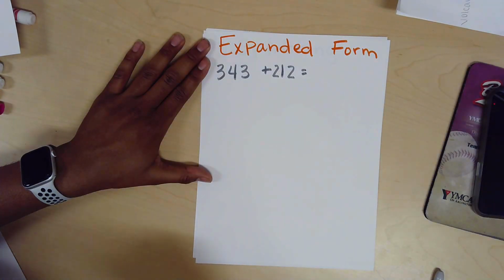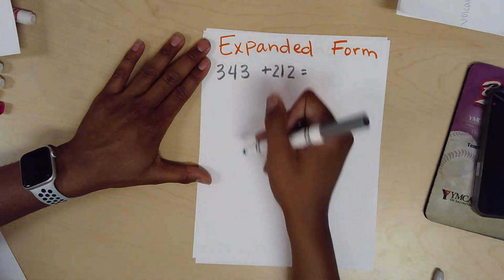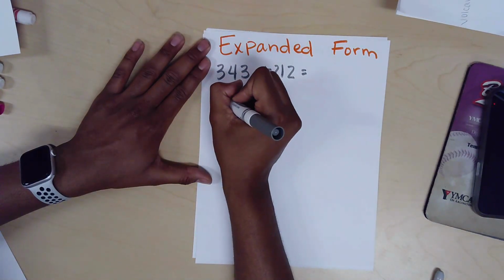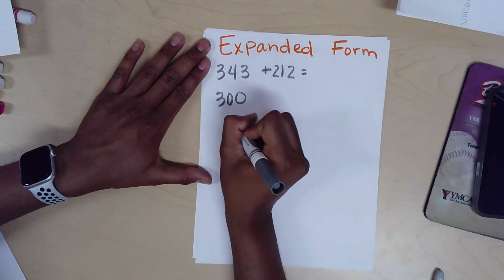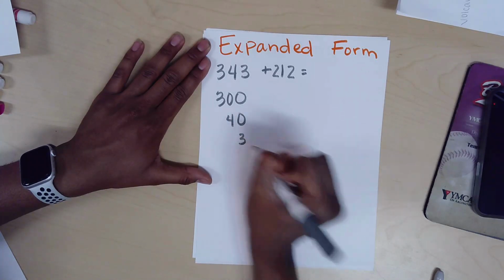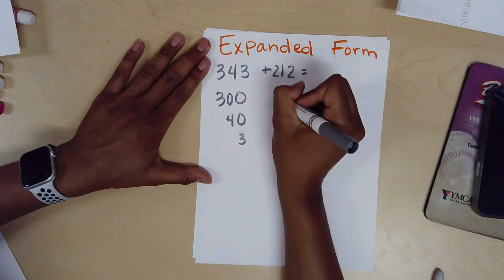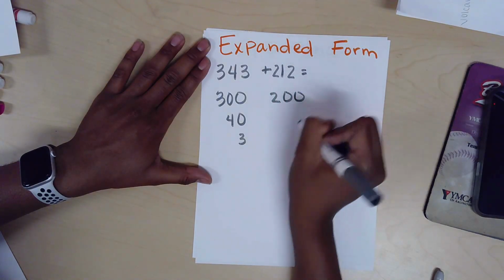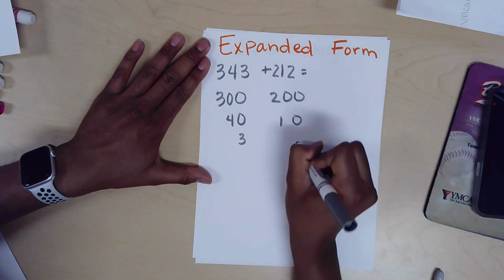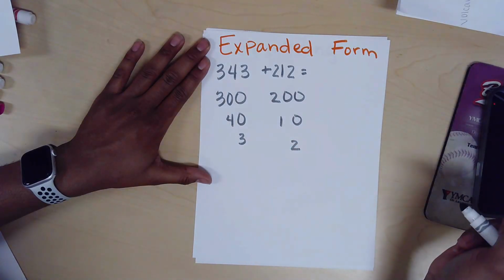So when we're doing expanded form, you're going to write out the different parts we've got. So we've got 300, 40, and 3. Over here, we've got 200, 10, and 2.